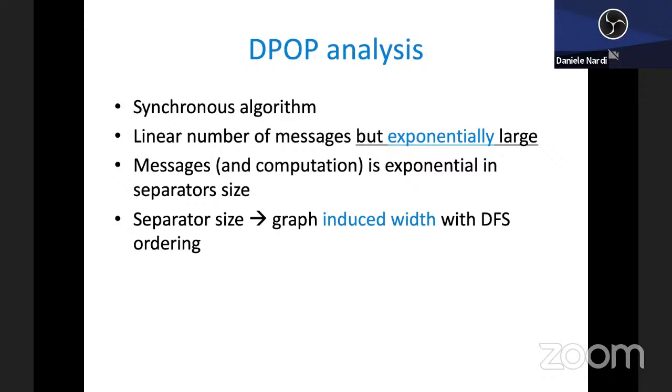First, the computational analysis of DPOP shows that the exponential has been pushed into the size of certain messages, namely these tables that are transmitted can be exponentially large, where the exponent is the number of variables that are in the separator, essentially.